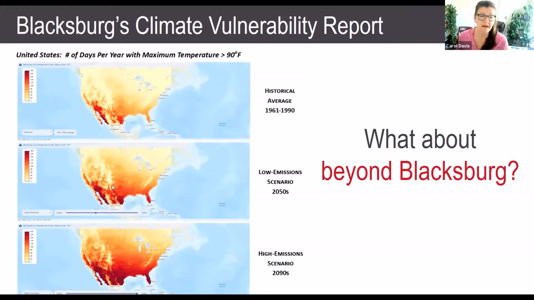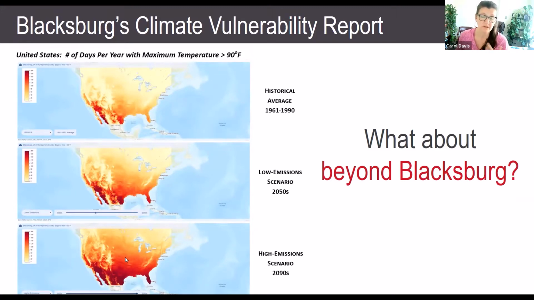So, I don't have specific data to show you, but this is the historical average, a low emission scenario by mid-century, and a high emission scenario by closer to end of century. And just visually, you can see that there's going to be a lot of significant warming, particularly, it's not happening consistently, it's mostly occurring across the South and Midwest, where we grow a lot of our food.